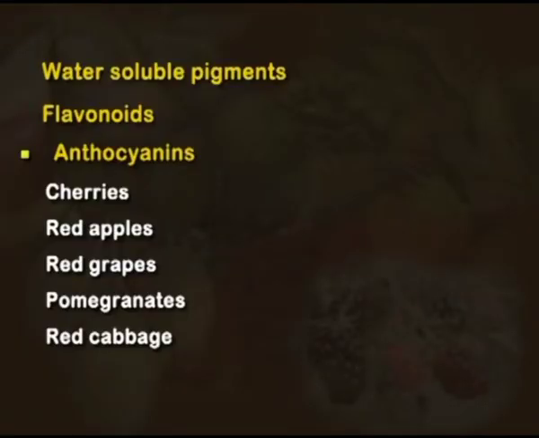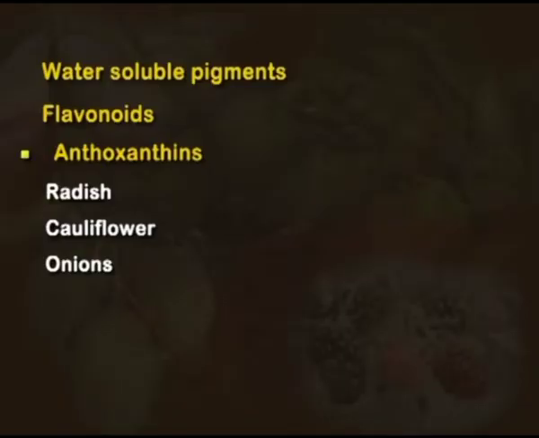They are present in red cherries, red apples, red grapes, pomegranates and red cabbage. Now anthoxanthins are colorless pigments or pale yellow to white in color, and they are widely distributed in almost all the plant tissues, but predominating examples are radish, cauliflower and onions.